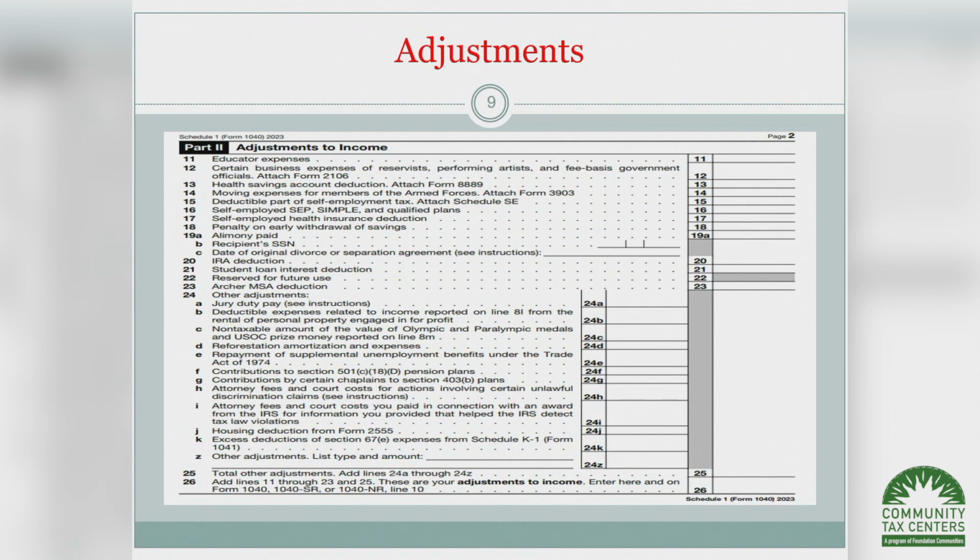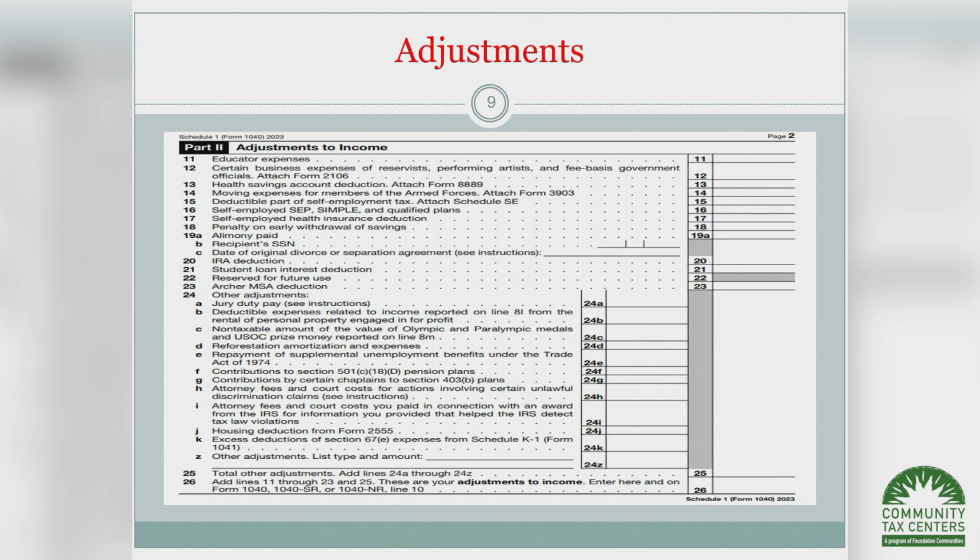Alimony received is income, but the person that paid the alimony can take it as an adjustment, but they have to have the Social Security number of the person that they paid the alimony to. Why do you think that's important, that you have the Social Security number? Yes. Verification. Absolutely, to make sure that that person reported it as income.